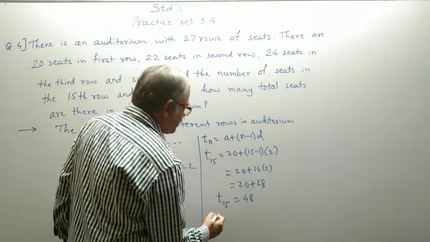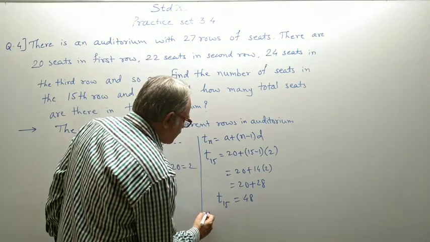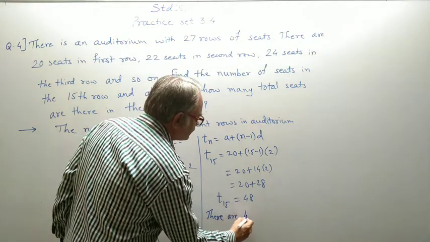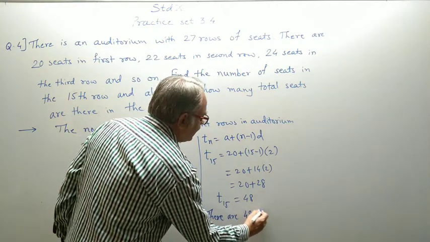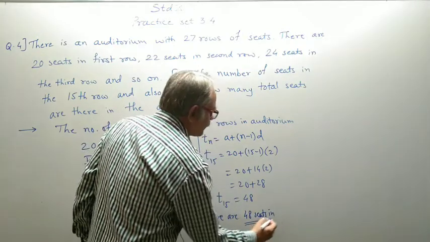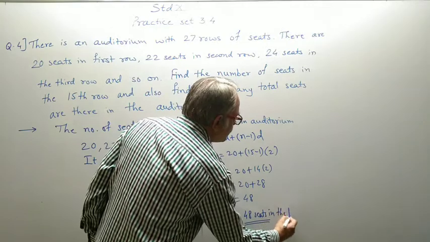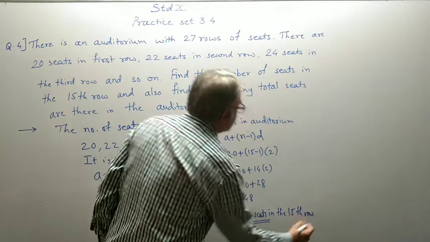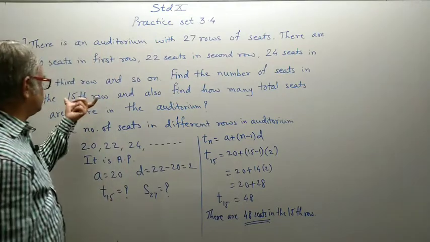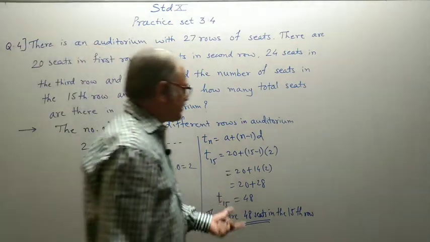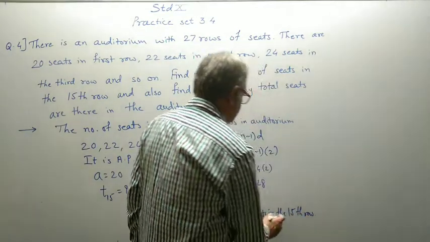T15 48 means there are 48 seats in the 15th row. How many seats are there in the 15th row? That answer, 48 seats are there in the 15th row.